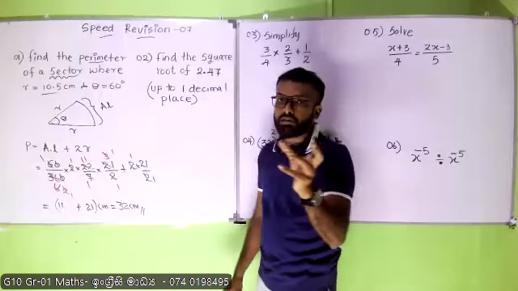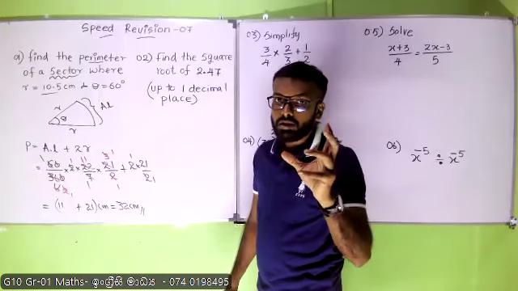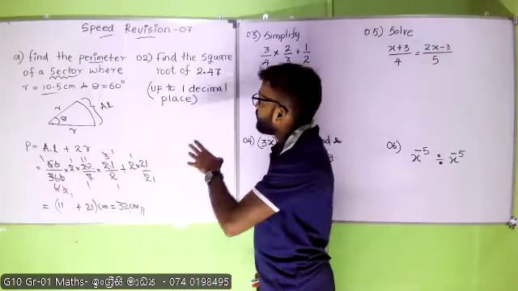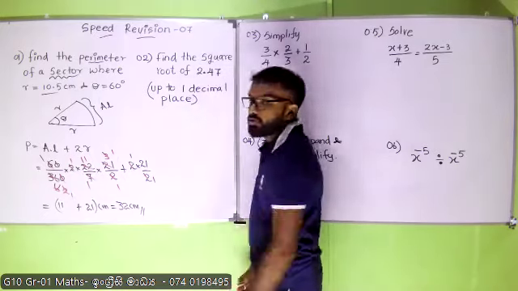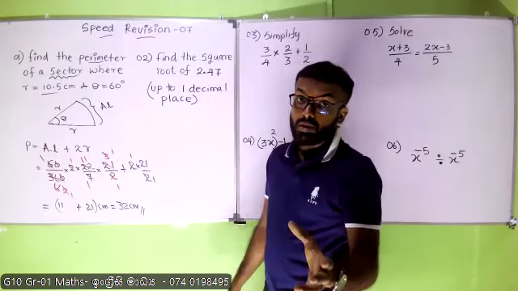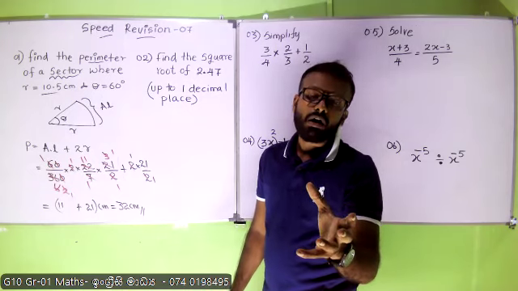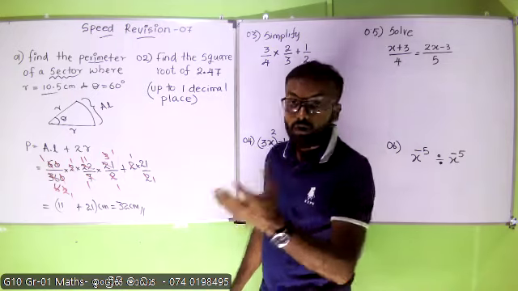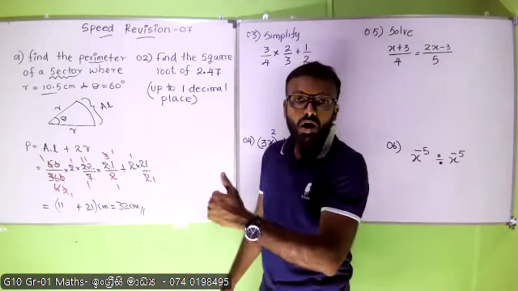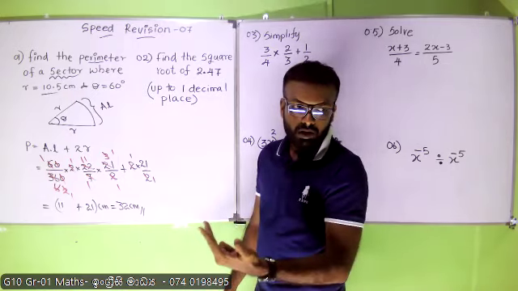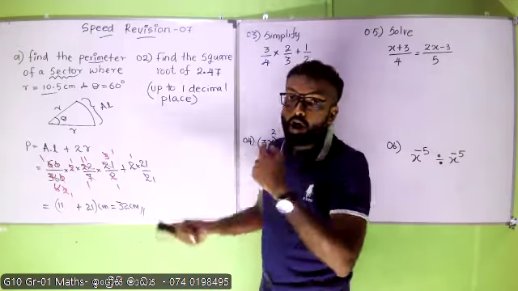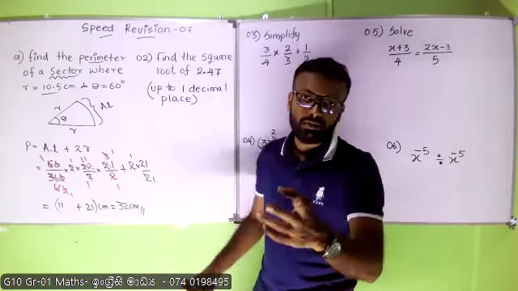Otherwise, it would be better to use the division method. So how are we going to find it up to one decimal place? First of all, initially you have to find the value up to two decimal places, then you have to round it off to one decimal.